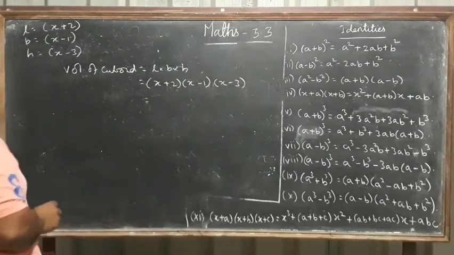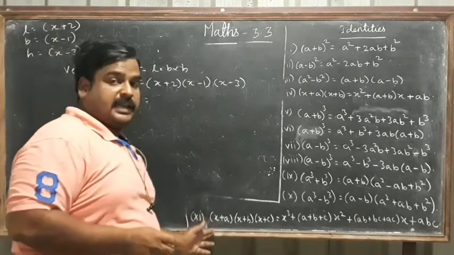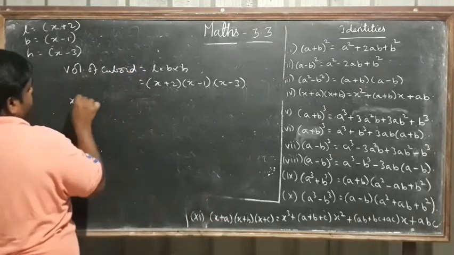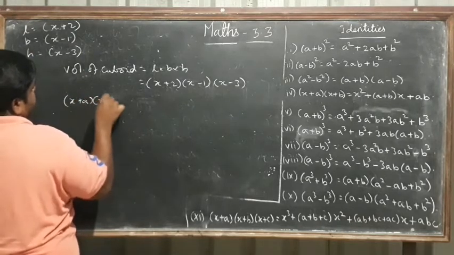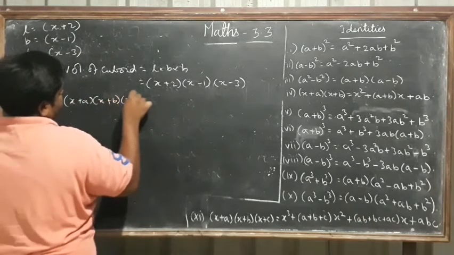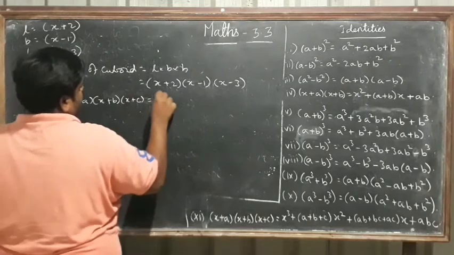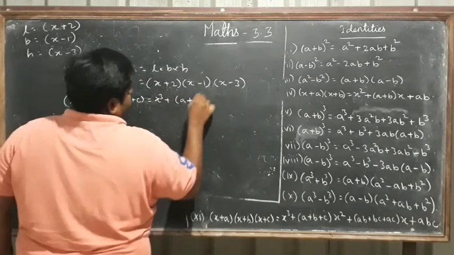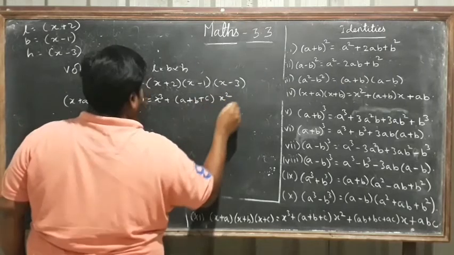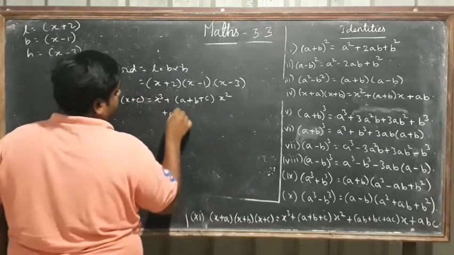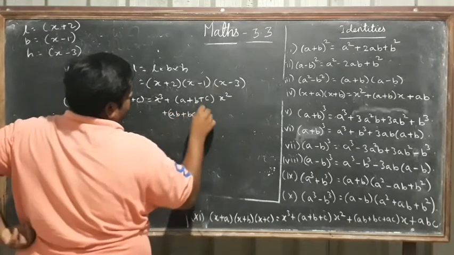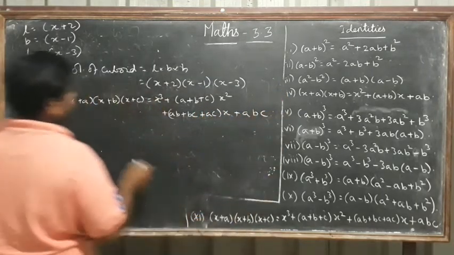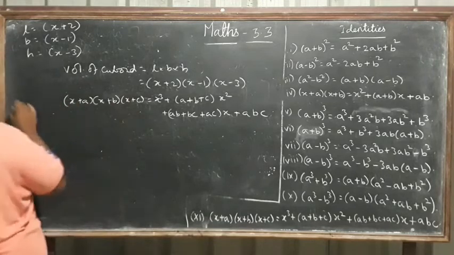Now this is in the form of x plus a, x plus b, x plus c. Once again, clear? Substitute the formula. What is the formula? General formula: x plus a, x plus b, x plus c equal to x cube plus a plus b plus c the whole x square plus ab plus bc plus ac into x plus abc, which is equal to, what is x here? x is x.